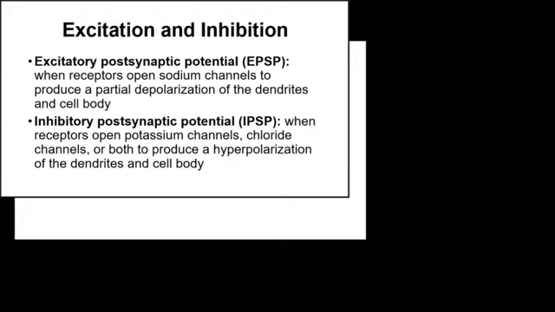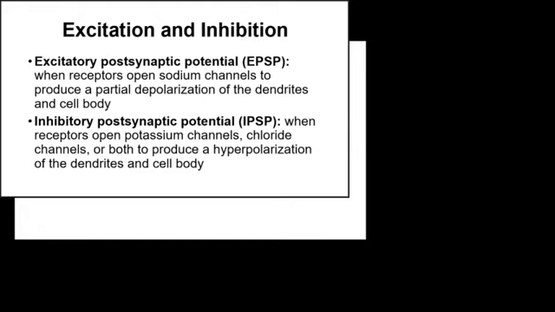Okay, so the next thing that we can talk about is what's happening on the postsynaptic side. Releasing neurotransmitters is mostly what we've been talking about, but now we're going to move into how we have stuff happen on the postsynaptic side, after the synapse.